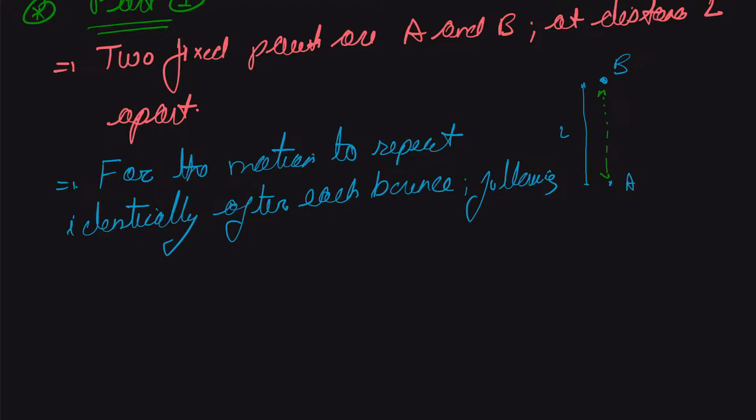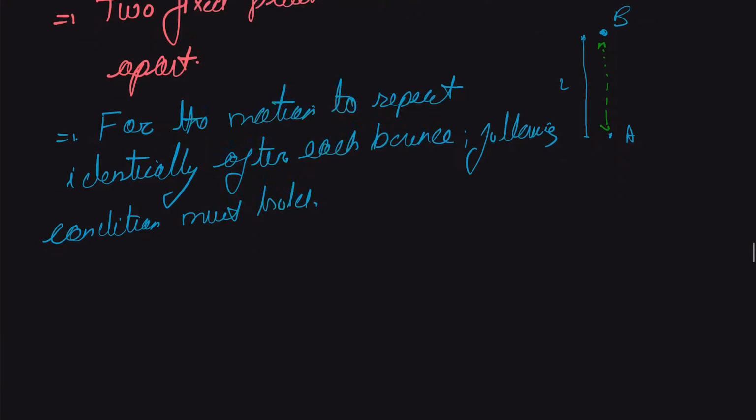Okay. So the first condition we can say is that our horizontal velocity of the center of mass after the bounce must be equal to that before the bounce, but with the negative sign because of our direction.